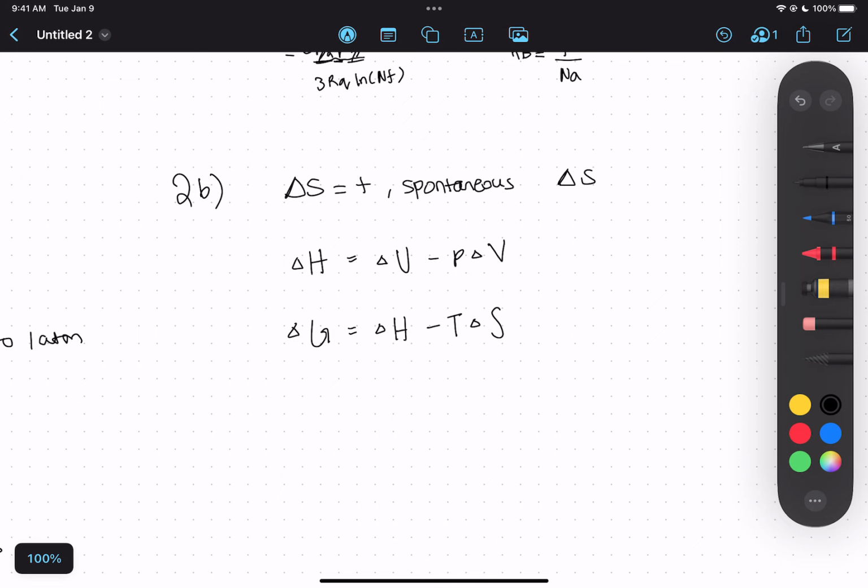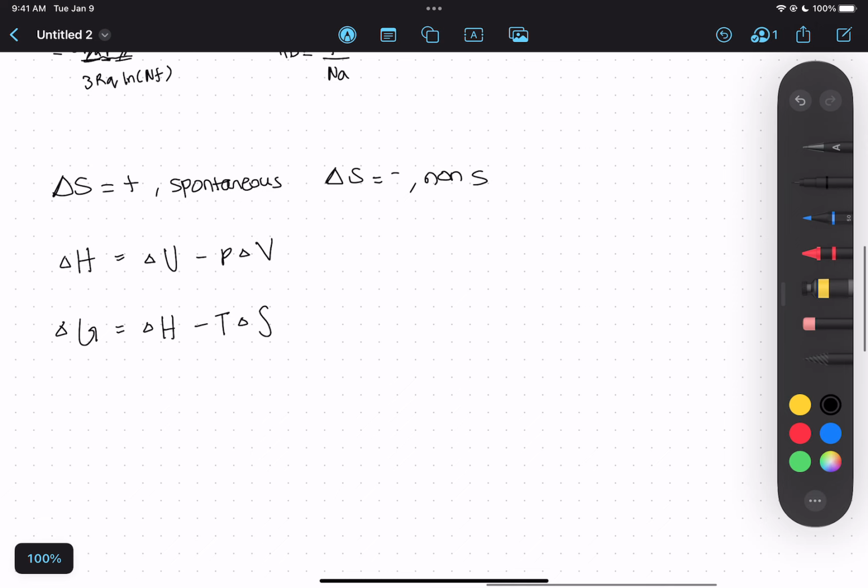Delta S negative means non-spontaneous. And then for delta G, positive means non-spontaneous, and delta G negative means spontaneous.